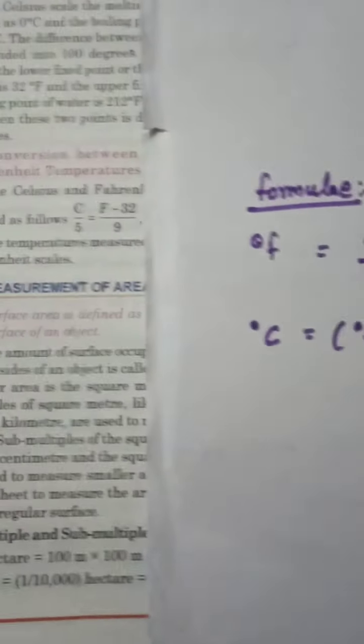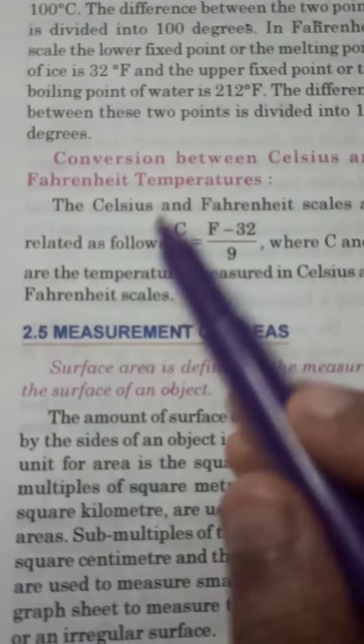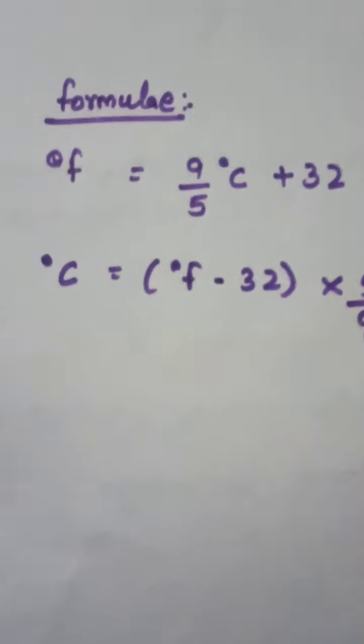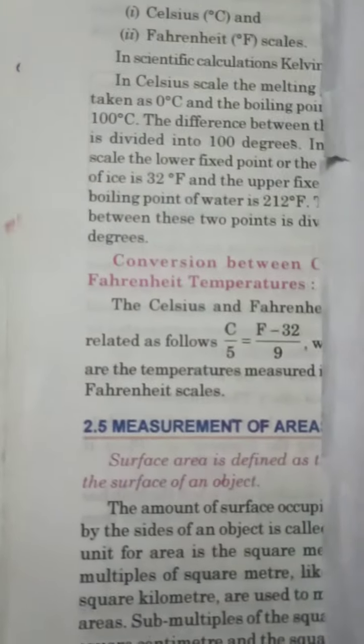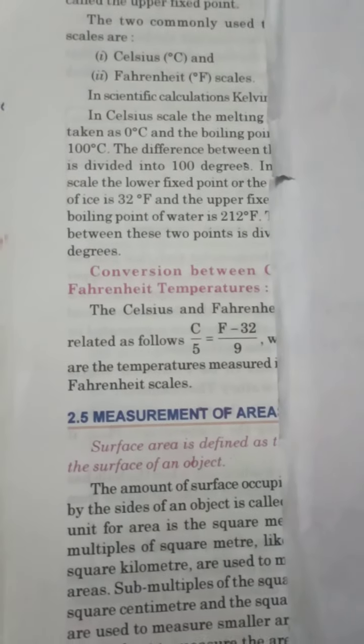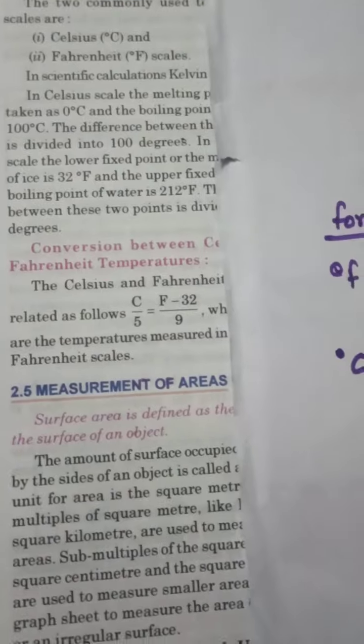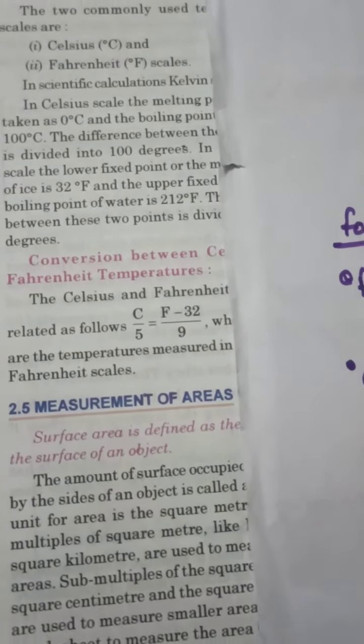Right? Now how did we get this formula? Let us derive it from here. The formula is C upon 5 is equal to F minus 32 upon 9.